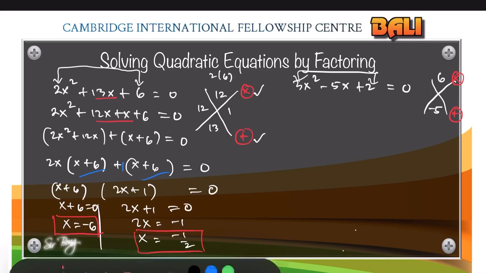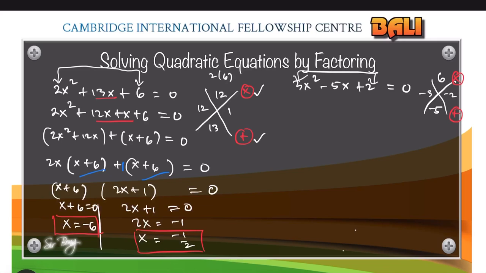So we have negative 6 and 1. Okay, to check if your factors are correct, negative 6. Oh no, this is positive, sorry, it's wrong factors. Okay, this is minus 3 and minus 2, because the product of minus 3 and minus 2 is positive 6, and then negative 3 plus negative 2 is negative 5.